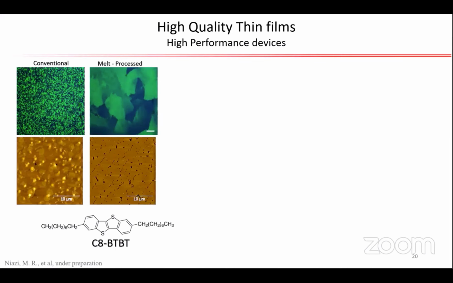Then we generalized all this knowledge and understanding to the best available small molecule organic semiconductor, which is called C8BTBT. Conventionally, when it is processed, it shows massive nucleation density and defect density. Typically, it is melted first at 125 degrees Celsius, cooled down under careful conditions to increase the domain and crystallite size, and then the performance jumps up.